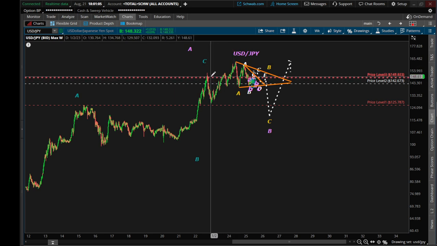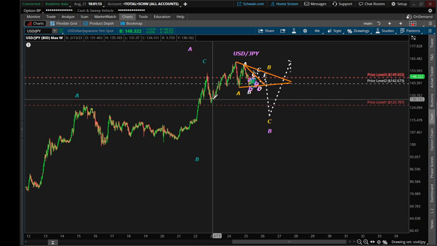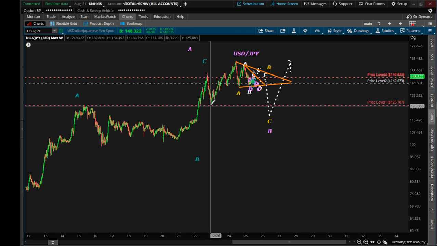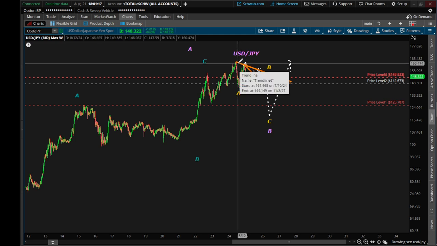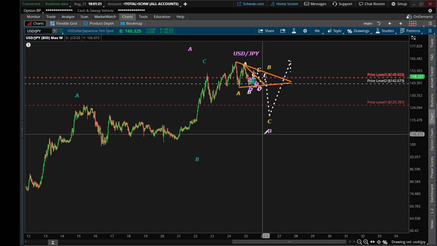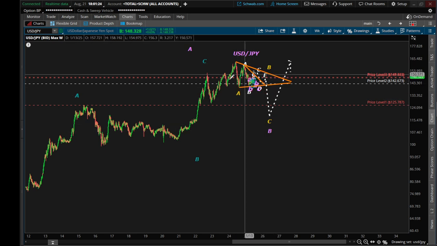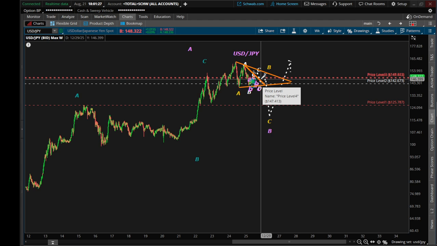So this again is from November of 2022 down to February of 2023 for an expanded flat A, and B up in August of 2024, and now we're coming down, but not before we form a triangle pattern. For pretty much this whole year, we've been in this triangle pattern.